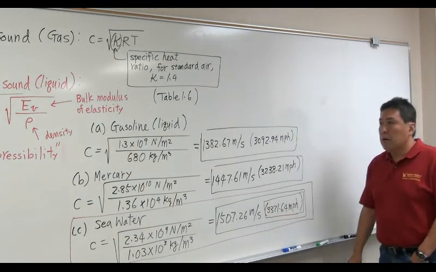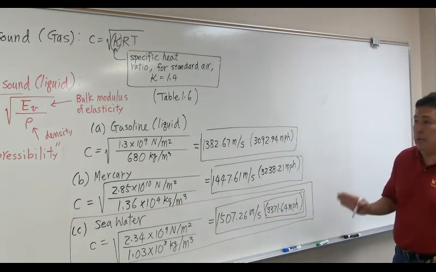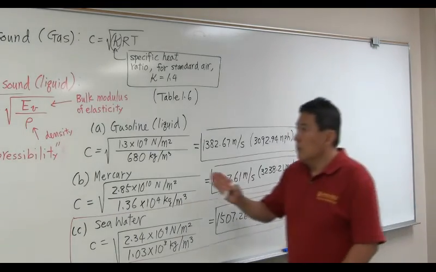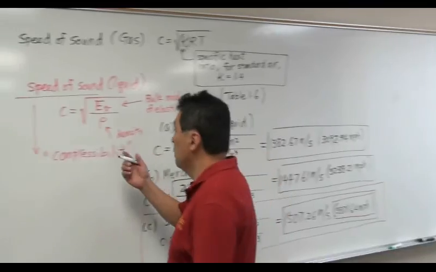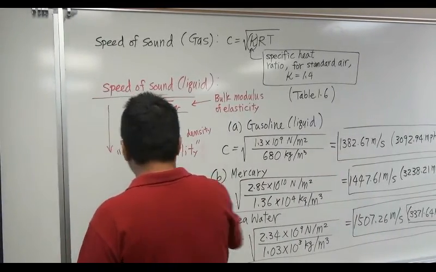Now, one of the reasons why speed of sound is so high is because liquid is very difficult to compress. Bulk modulus is a really high value.